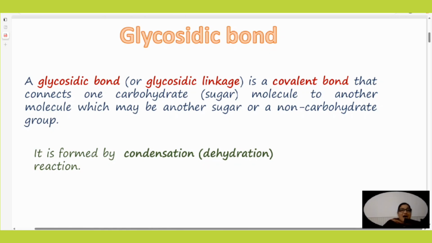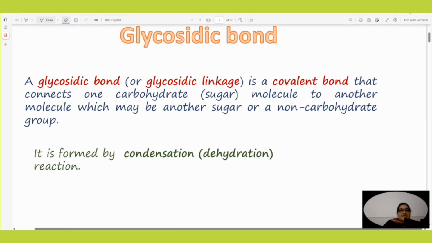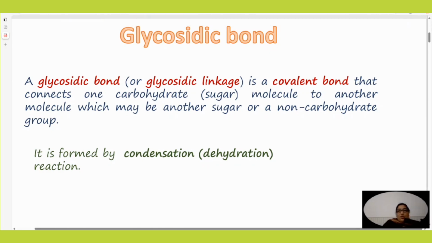Today we will be understanding about the glycosidic bond. Okay, so when we talk about glycosidic bond or the glycosidic linkage, it is a covalent bond, and we know that covalent bond will be formed by mutual sharing of electrons.